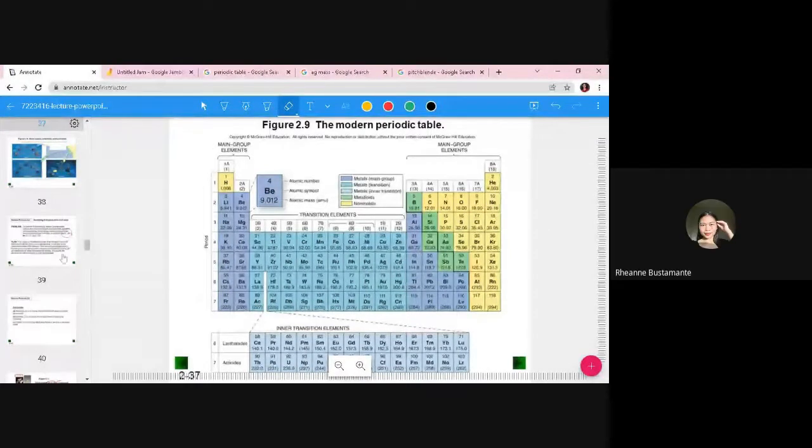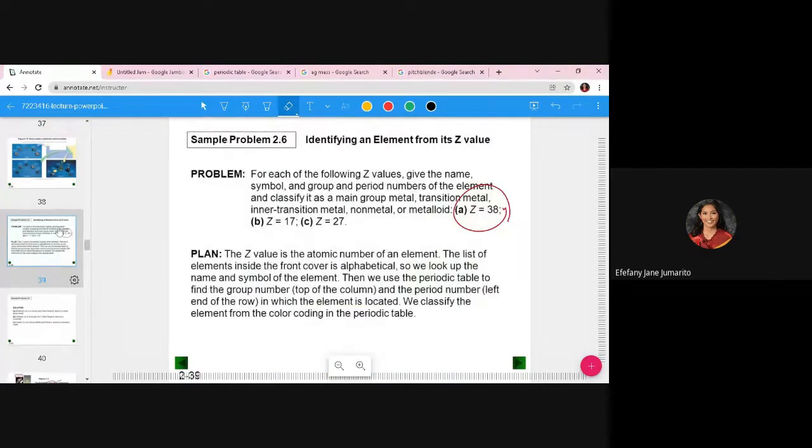Metalloids. Metalloid, semi-metals. So it can behave as metals and at the same time it can also behave as non-metals.